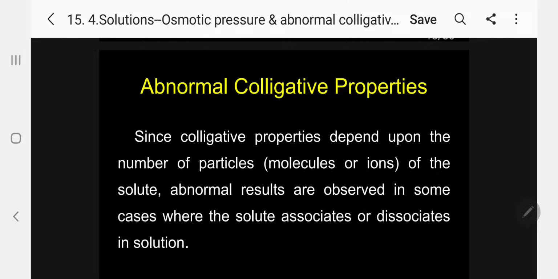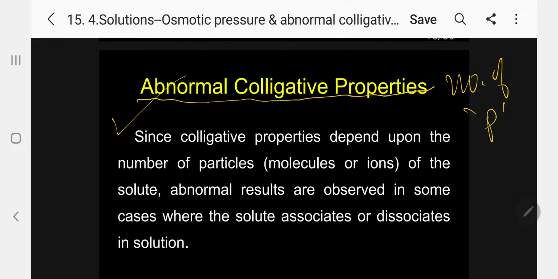Okay. Now, during the measurement of these colligative properties, we are observing some abnormal colligative properties. So, what are abnormal colligative properties? I told you colligative property means it purely depends upon the number of particles. So, if the number of particles varies by any method, any way, the experiment will not be accurate.